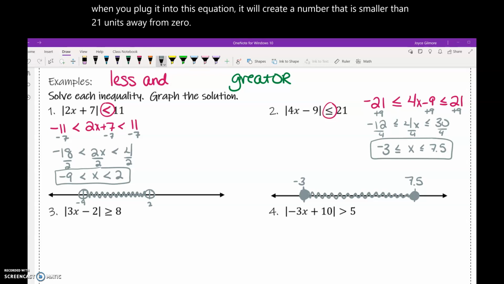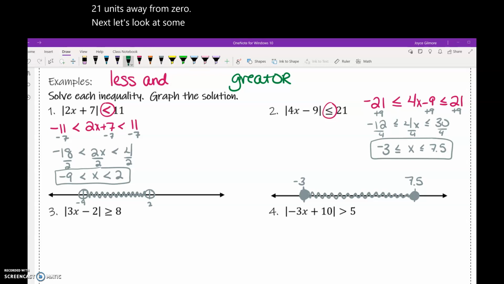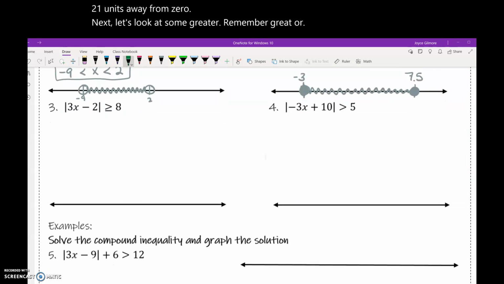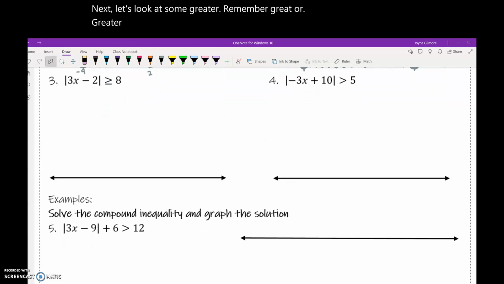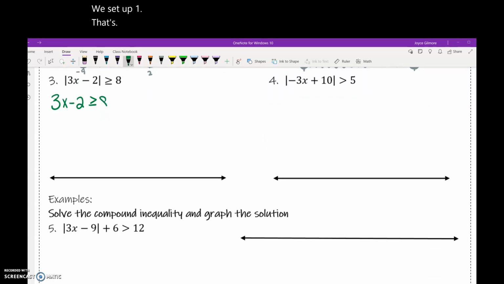Next, let's look at some greater. Remember, great or. So greater than absolute value inequalities, we set up one that's exactly the same but without the absolute value bars. So 3x minus 2 is greater than or equal to 8.